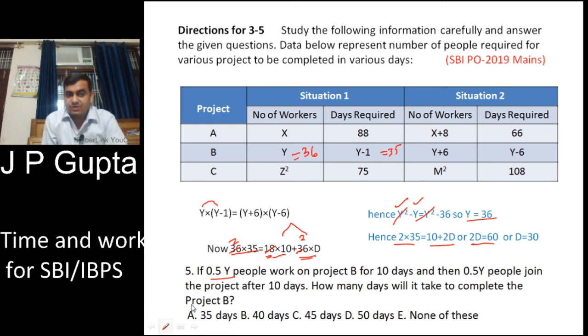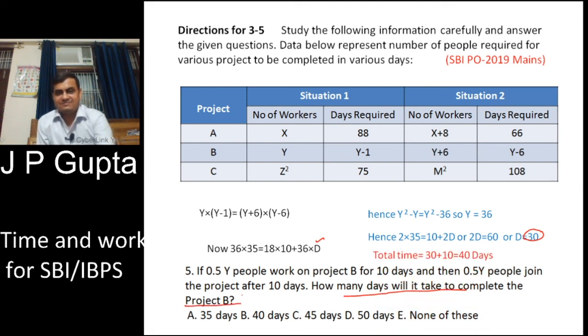But here we have to be careful, 30 is not the right answer, because here D is the extra days we took, and the extra days are 30, while the question is asking how many days it will take to complete project B. So, can we say that it is 10 earlier plus 30 later, total 40 days. So, the answer will be 40 days.